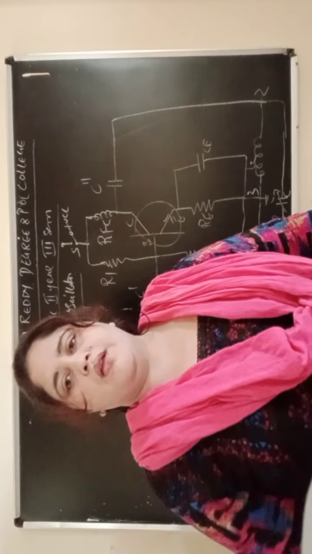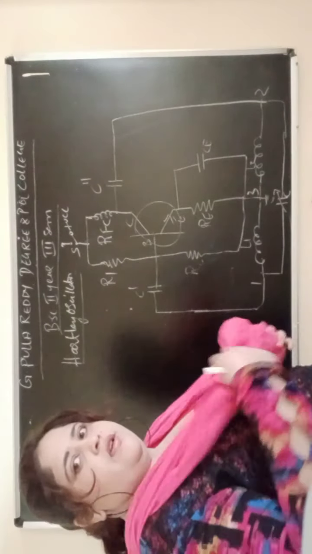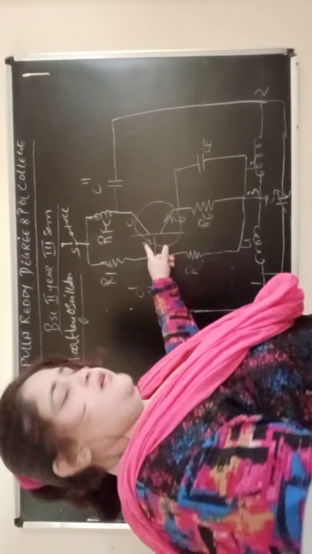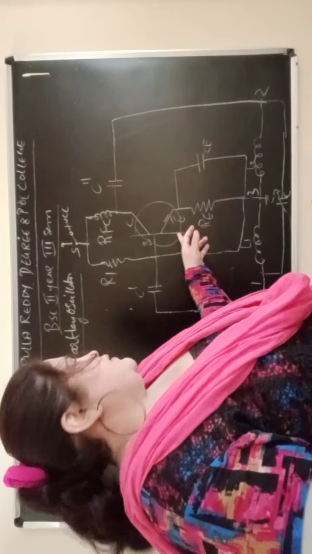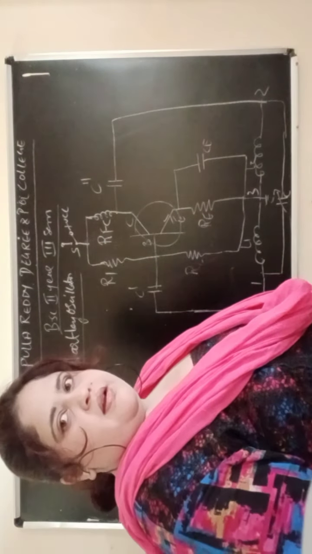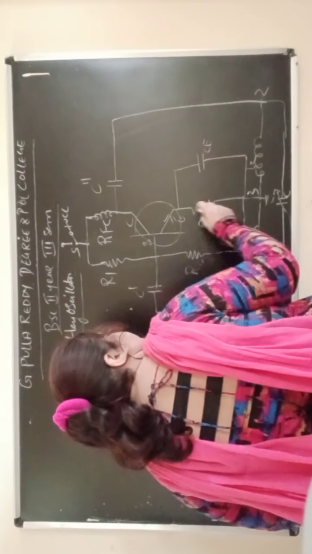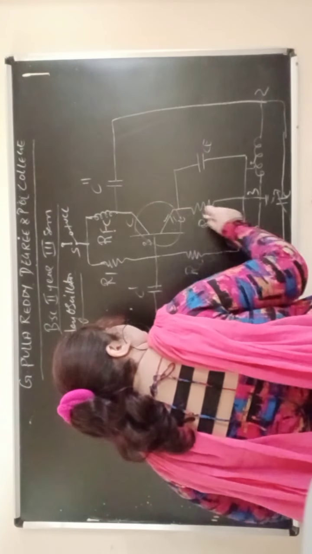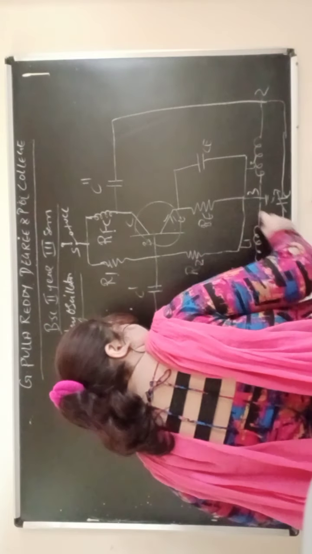Now you can see the diagram of the Hartley oscillator. First, we have drawn the circuit diagram of Hartley. Simply I have drawn one transistor, then RFC, RE, R1, R2, C dash.